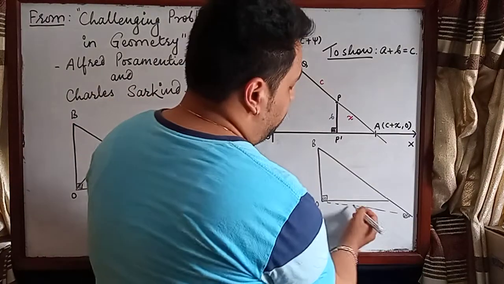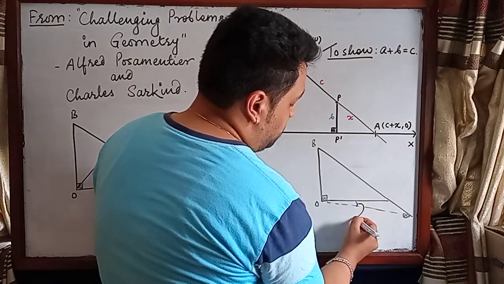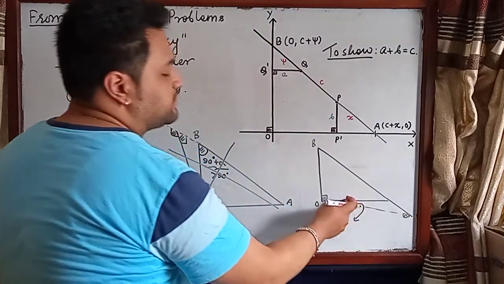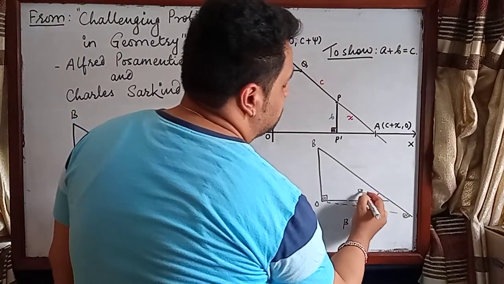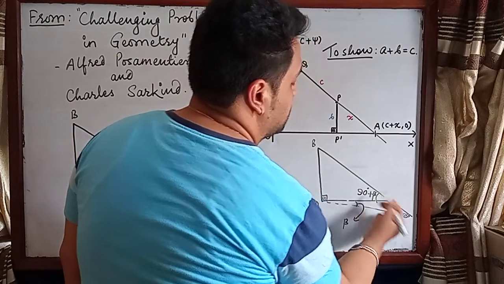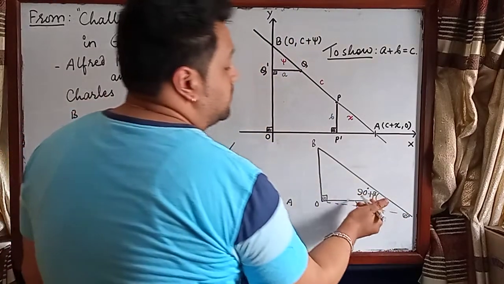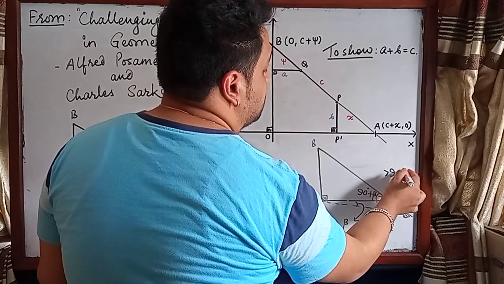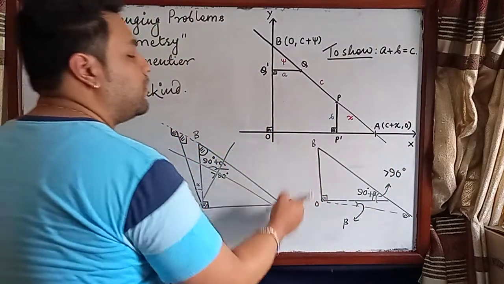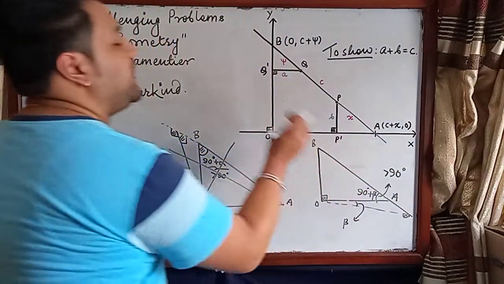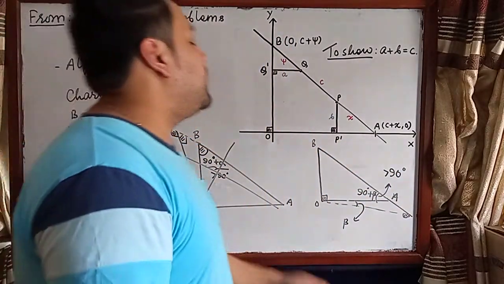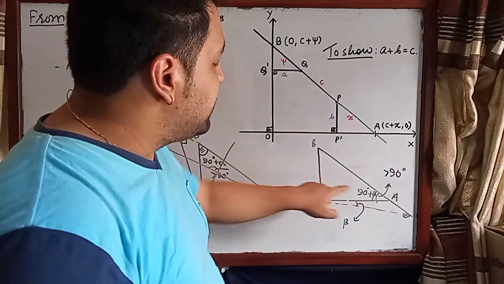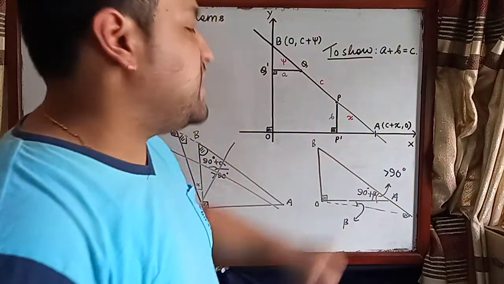Similarly, if we call this angle beta, then 90 degrees plus beta means this angle is again greater than 90 degrees, which is not possible because OAB is a right angle triangle, and since the right angle is at O, the angles at A and B must be less than 90 degrees.